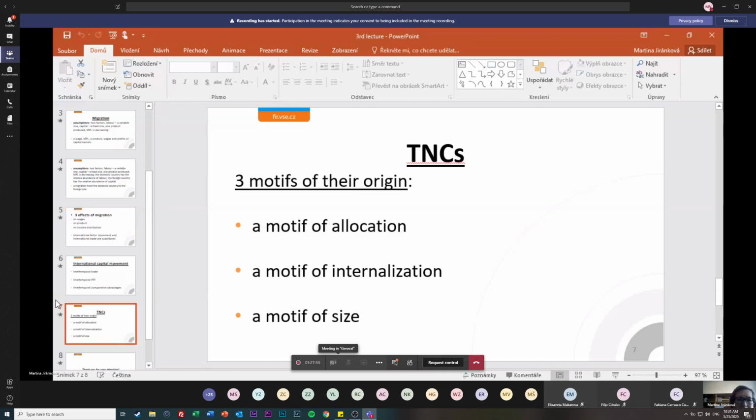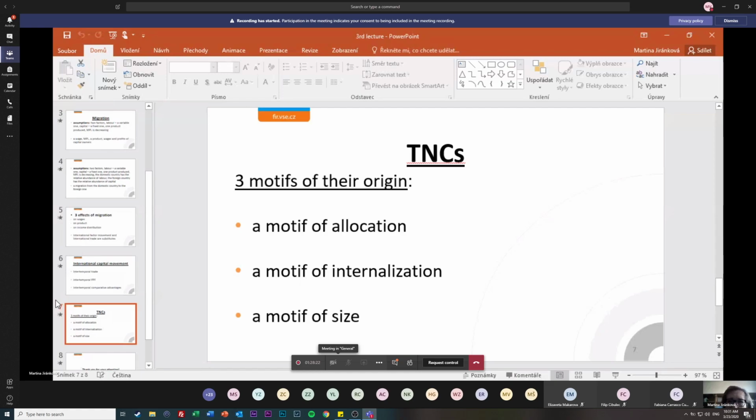That means that the transnational corporation puts capital into another country. And what's the difference between loans and transnational corporations? The capital is still the ownership of the transnational corporation, right? And the owner can decide what will be done with it, right?